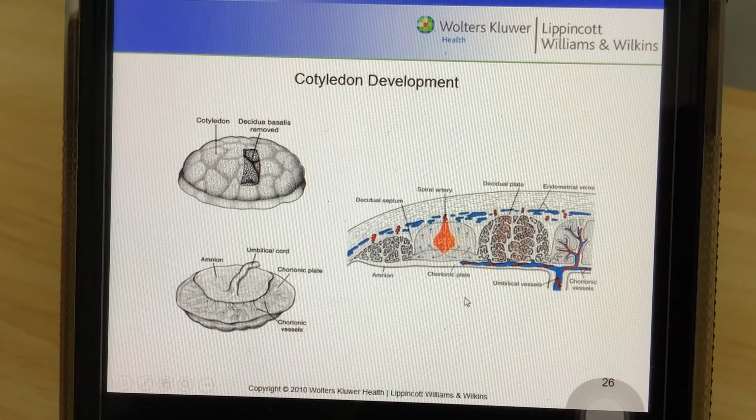So this one, we go to the cotyledon development.